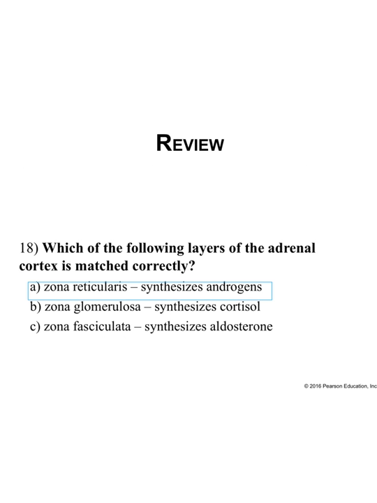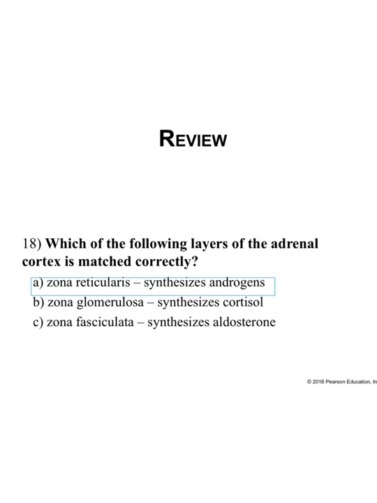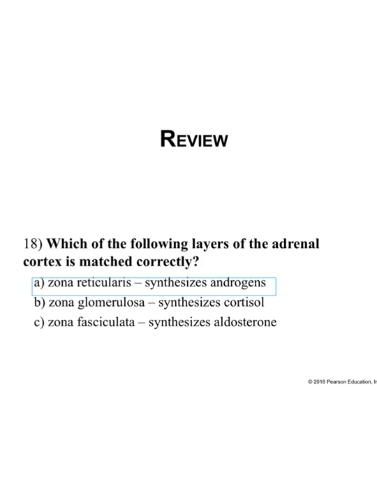Okay, so if we're doing review, it's asking which of the layers of the adrenal cortex is matched correctly. The reticularis does do androgens. Remember, it also does do cortisol. The glomerulosa actually does aldosterone, whereas the fasciculata does cortisol.